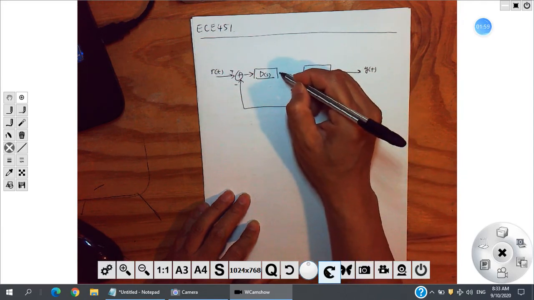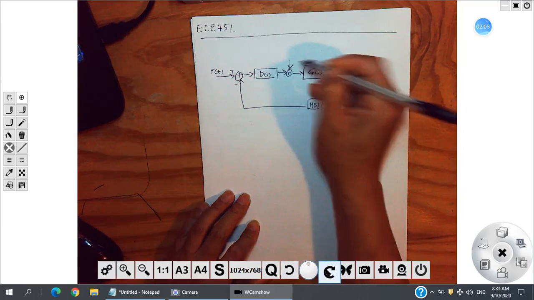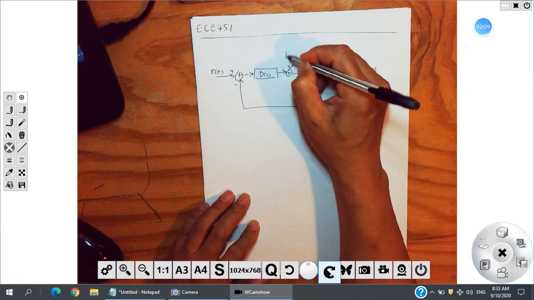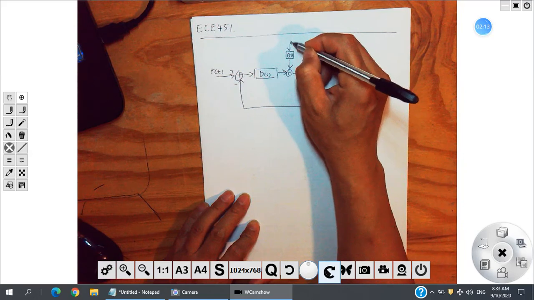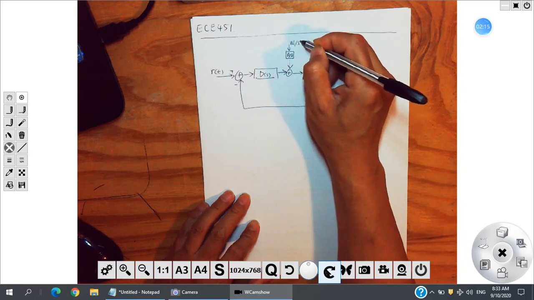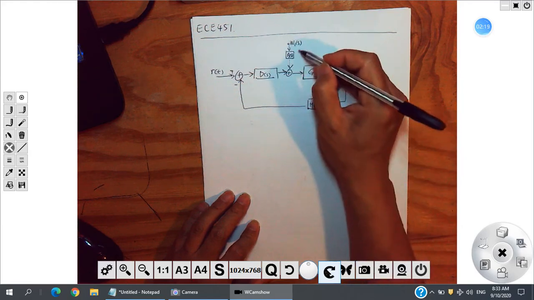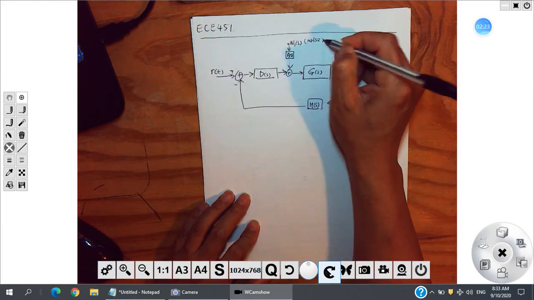And we consider a more general case. Here maybe you have some kind of noise or disturbance. So I have a D of S here, and I have a W1 of S. This W1 of S is a kind of noise or disturbance or whatever.